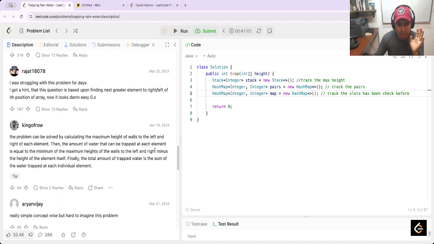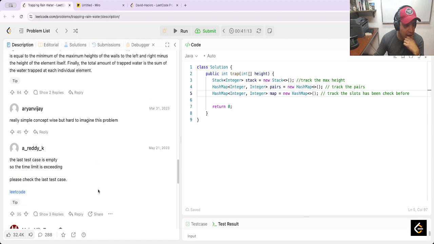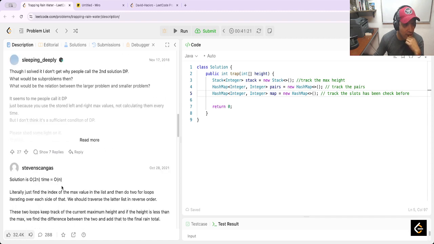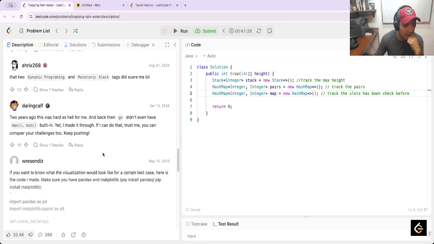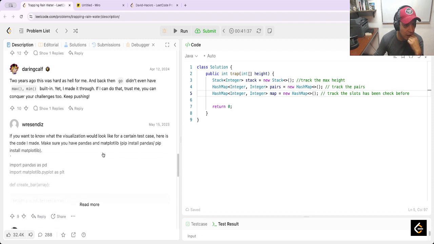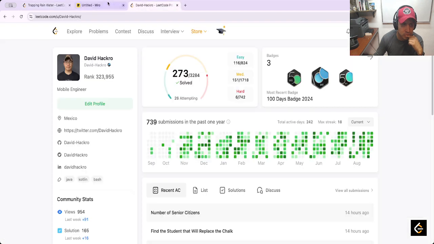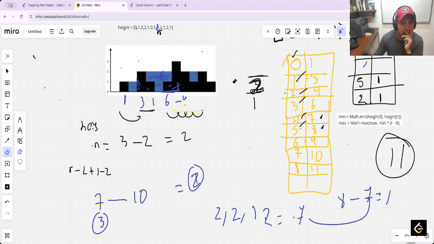But I think we are on the right track, but what happens if I ignore the operation over the monotonic stack?